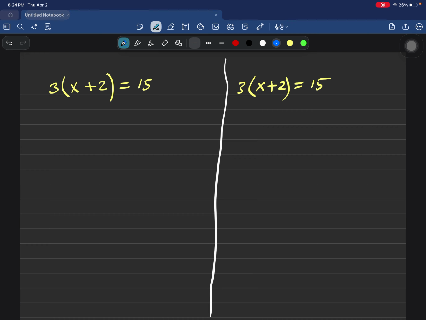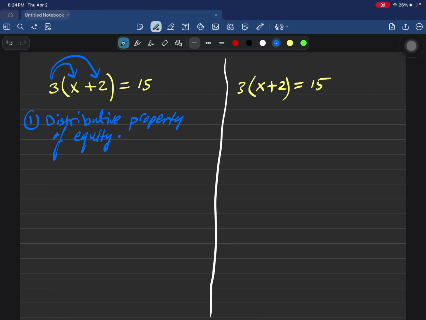The first way is to multiply 3 by the x, and then go back to the 3 and multiply it by 2. And this step, we call it in math the distributive property of equity.